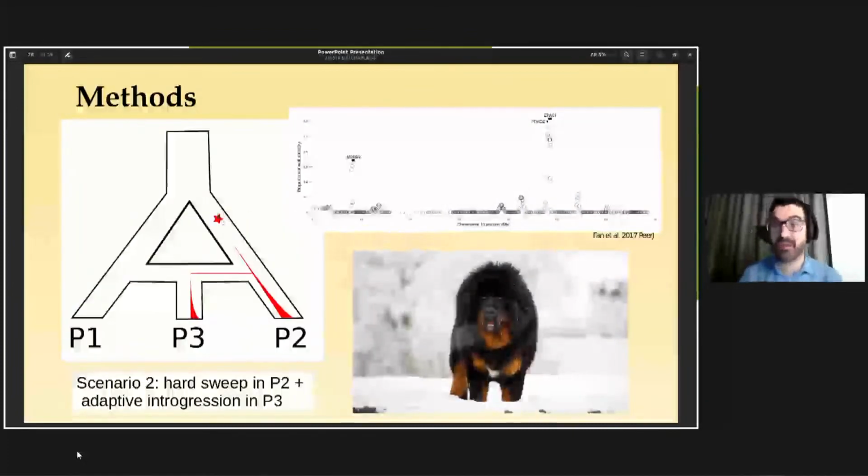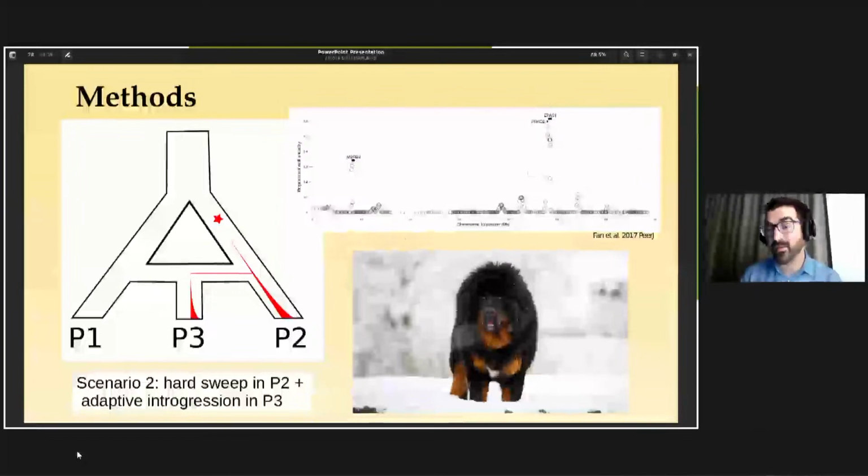What happens if we have one population in particular that already has this beneficial mutation, which is rising in frequency over time? And then, through admixture with another population that is not adapted, they provide this gene that is under selection to the new population. This is an example of how Tibetan wolves provided the EPAS1 gene that helps under hypoxia conditions in the Himalayas.